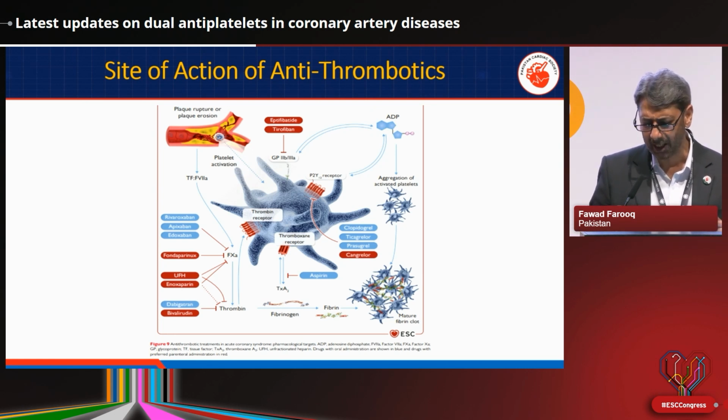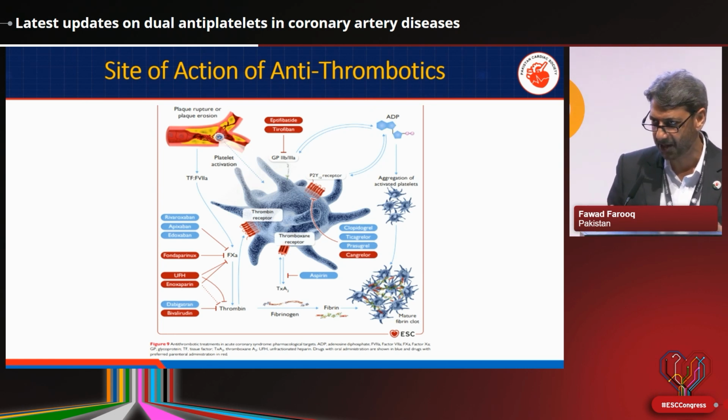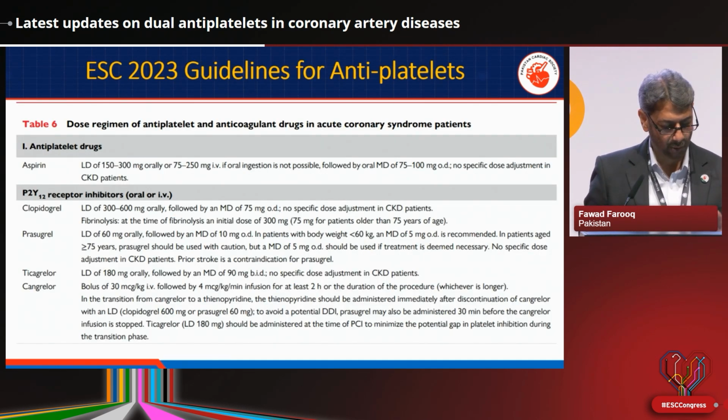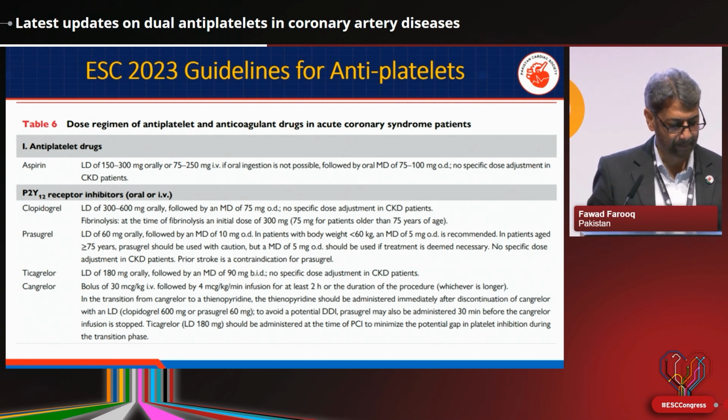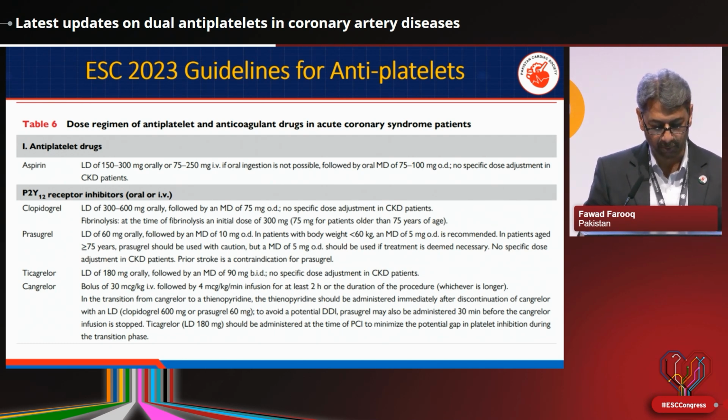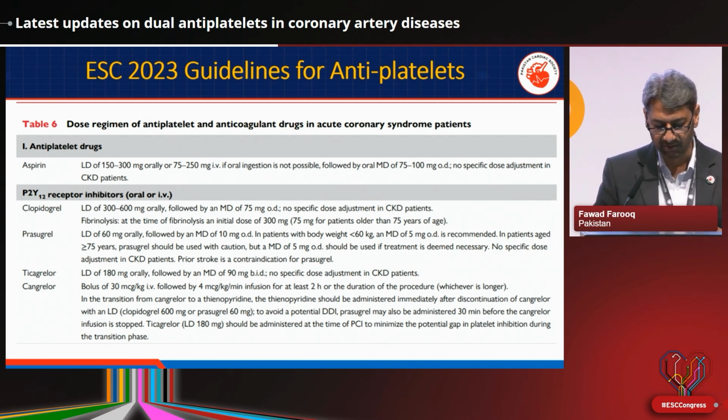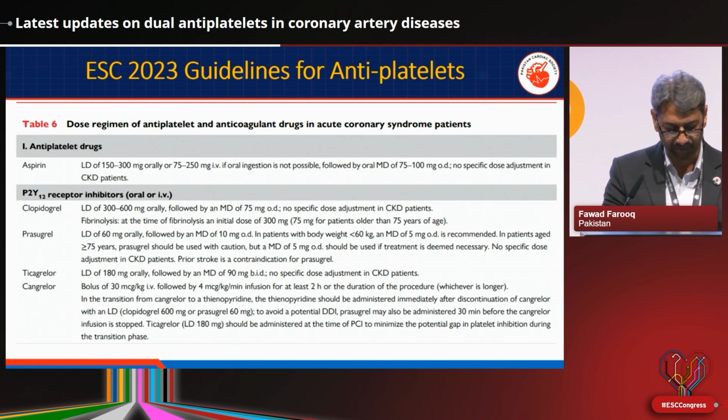So let's quickly go through the latest guideline recommendations from the European Society of Cardiology, and how we have to really apply them. Aspirin, we all know: 150-300 milligram orally, or 75 to 250 milligram if oral ingestion is not possible, with a maintenance dose of 75 to 100 milligram. That's the part on aspirin.